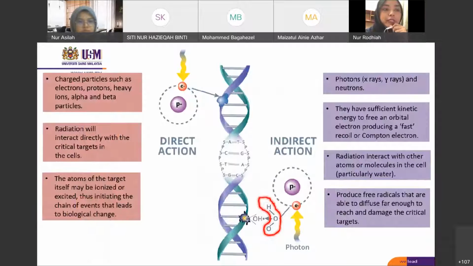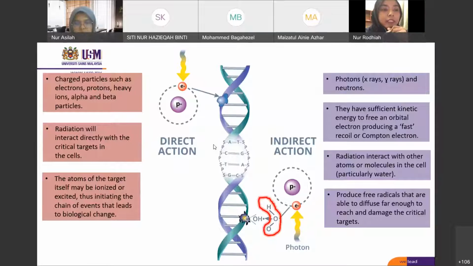There are two ways the radiation can interact with our cell, which are direct action and indirect action. For direct action, it involves charged particles such as electron, proton, heavy ion, alpha and beta particles. These particles will interact directly by striking the critical targets in the cell. The atoms of the target itself may be ionized or excited and initiate the chain of events that lead to biological change.